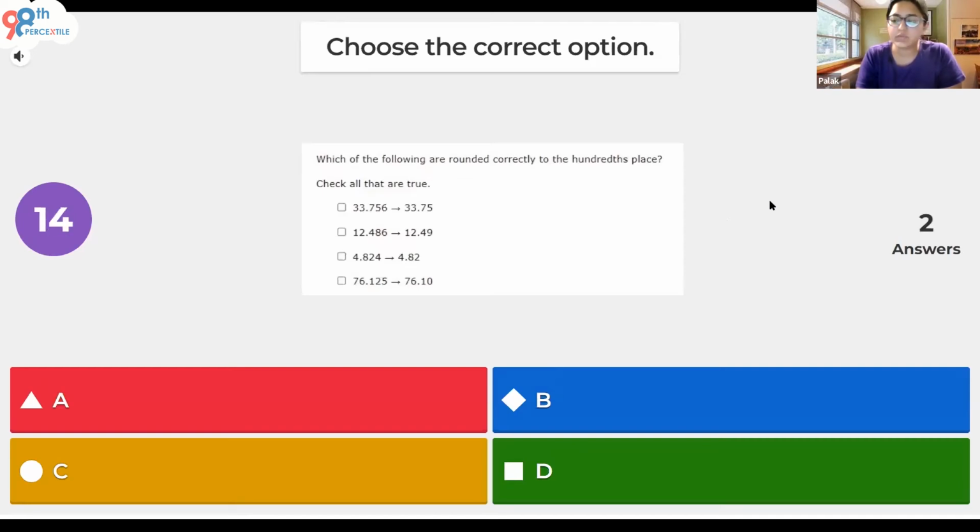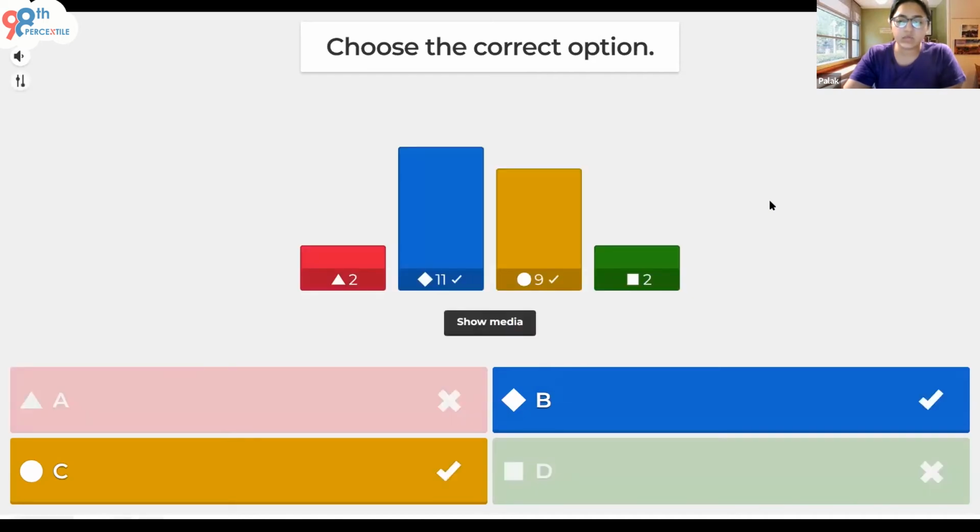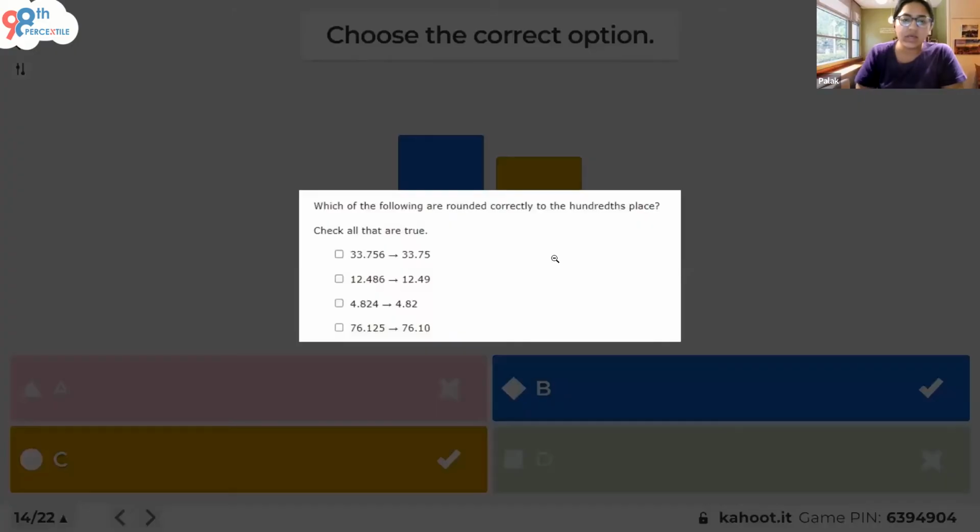Only one answer so far. Okay, so we have a varied amount of people answering the question. So let's have a check at all the options over here.